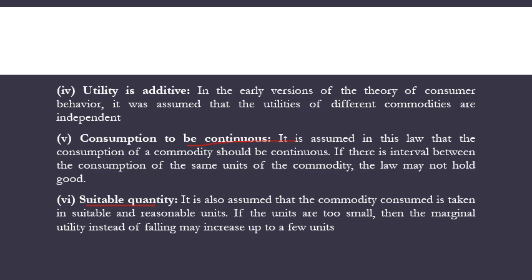The first laddu I gave you was a normal size laddu, and if I gave you a second laddu that was 10 times smaller than the first one, your satisfaction will be increasing, right? So there should be homogeneity in the consumption. There should be identical size and identical quantity.